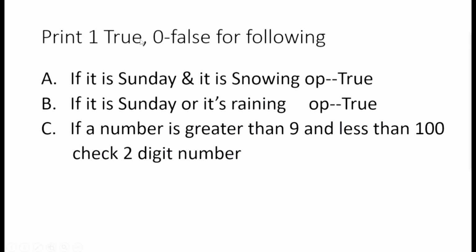Now, move to another program. Print 1 for true, 0 for false. If it is Sunday and, with the AND operator, we are going to use snowing, print true. If Sunday is there as well as snowing is there. If it is Sunday, or with the OR operator, raining is there, print true.